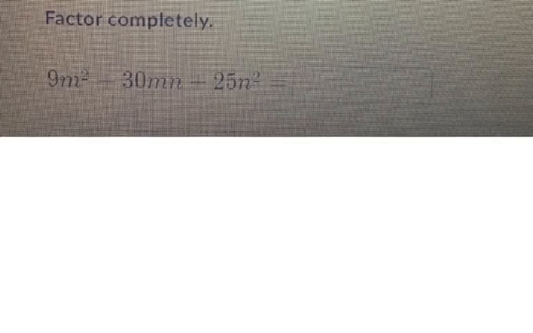Here we go. Guys, what makes this one tough is just the extra variable in there. Does everyone agree 9m squared is there, and at the end there's a 25n squared. So guys, what we're going to do, let's just pretend the n's aren't there.